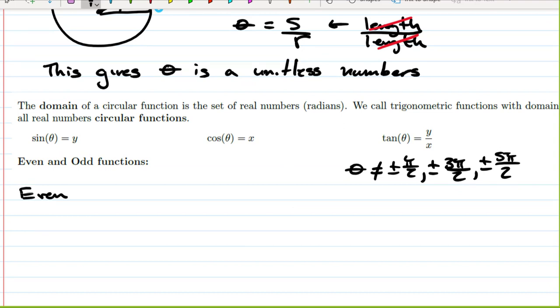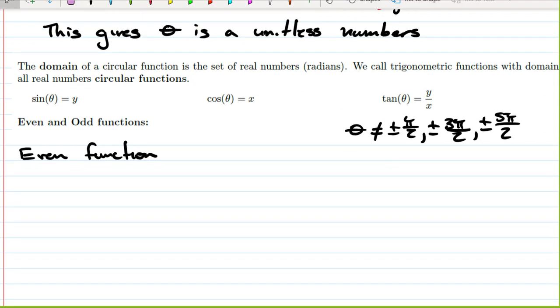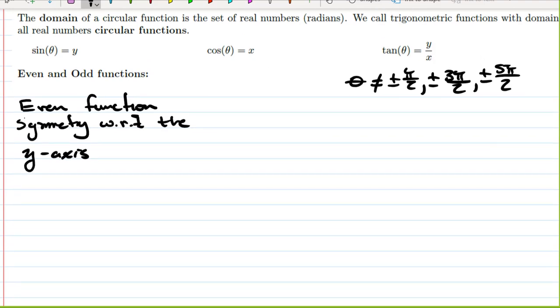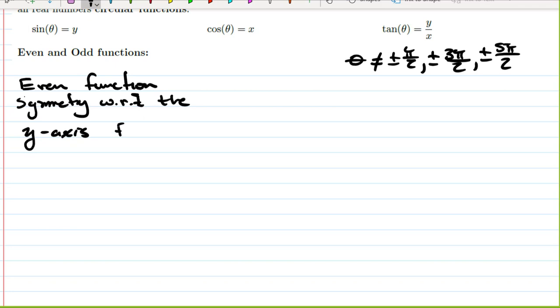Even functions were symmetric with respect to the y-axis. And in terms of symbols, that meant that f of negative x was the same as f of x.